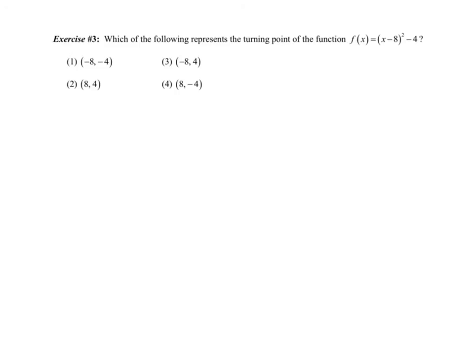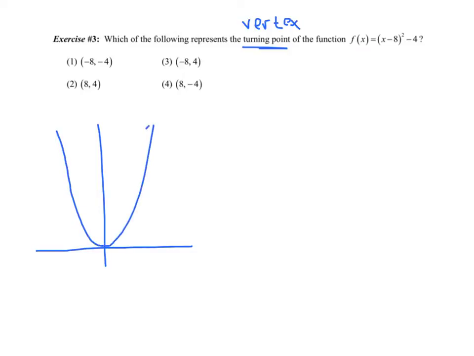Okay, this time they want us to find the turning point, or aka the vertex, of our parabola. Now the original parabola that everything's based off of was the parabola y equals x squared, and its vertex or turning point was at 0, 0 to begin with. Now what kind of action are we doing?